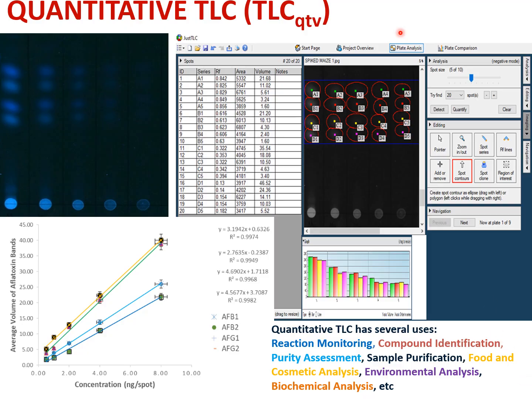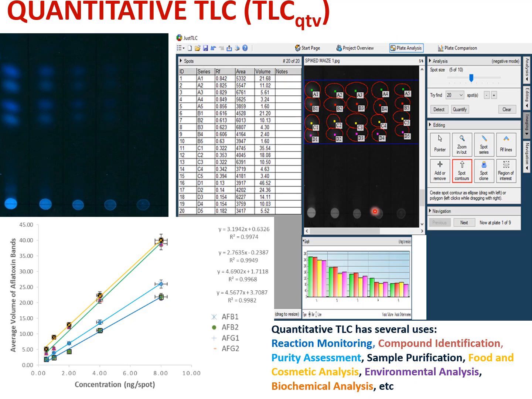It can also be used for food and cosmetic analysis to quantify and identify food coloring agents, preservatives, or other additives. It is also used in environmental analysis to detect pollutants and contaminants in environmental samples.